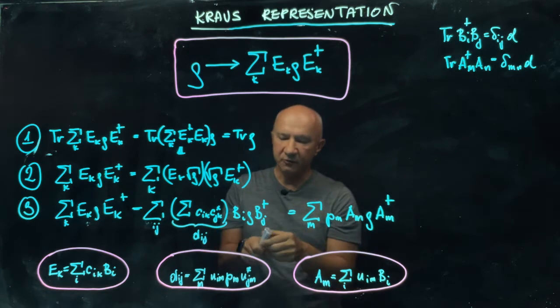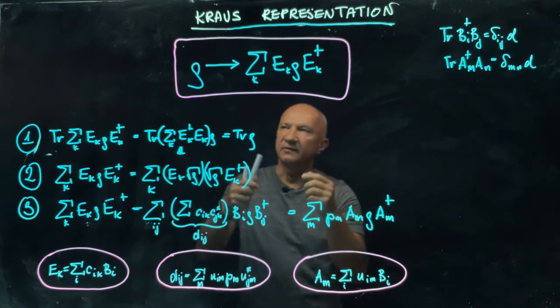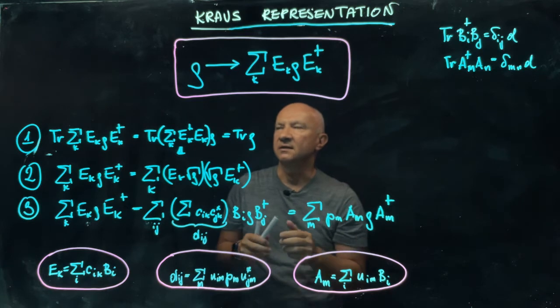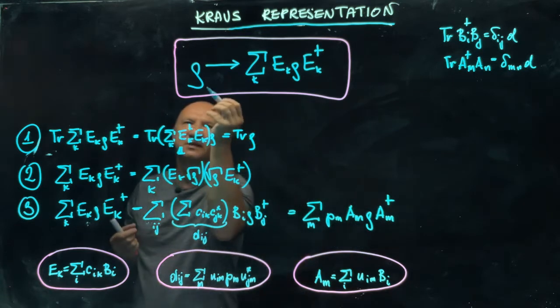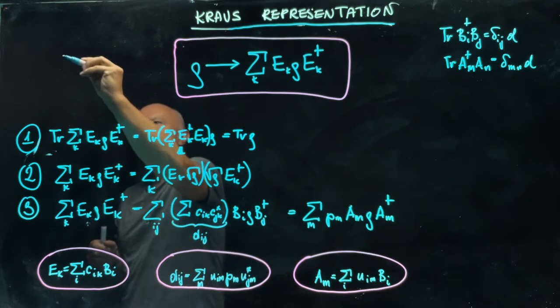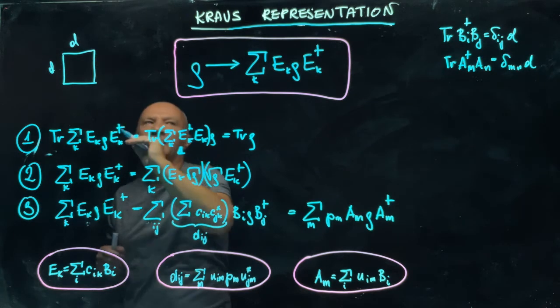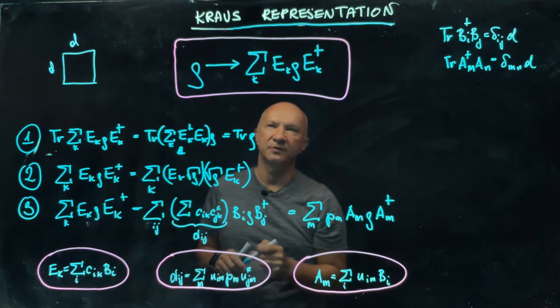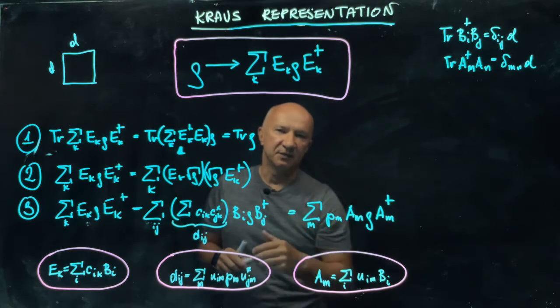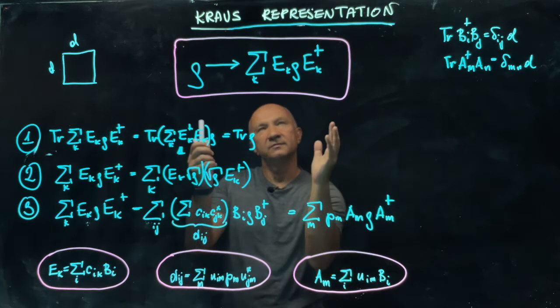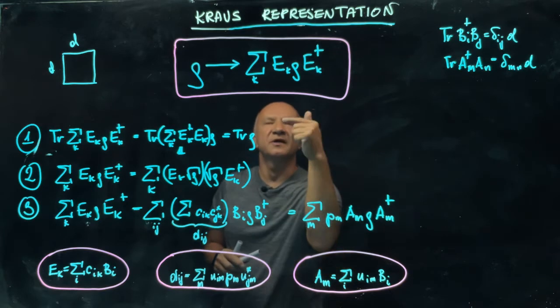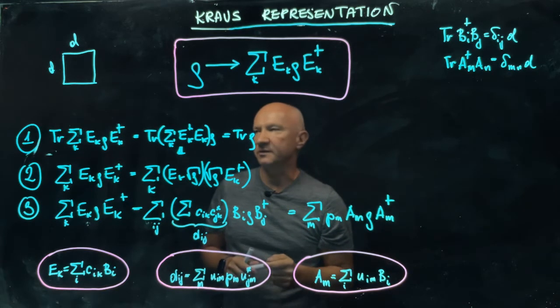But for now, you can even think about it in terms of matrices. So assume that your rho is a d by d matrix, and the result of this map is another d by d matrix. Now, looking at this map, what can we say about its mathematical properties?